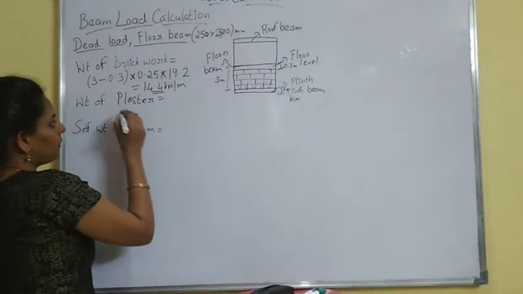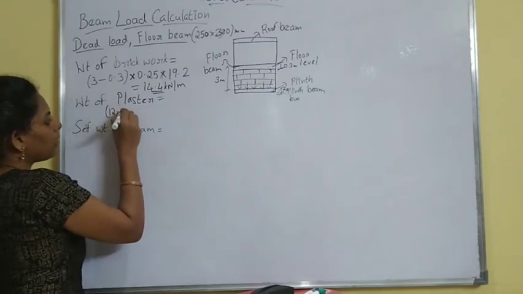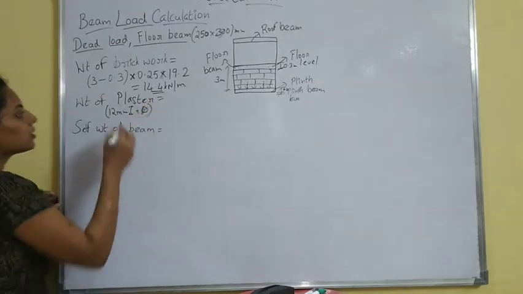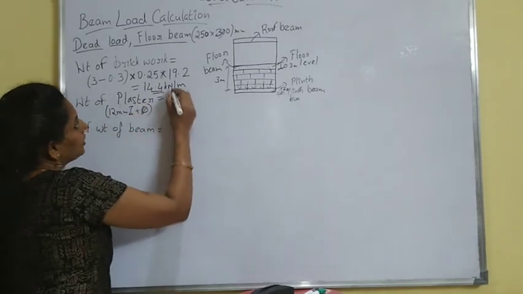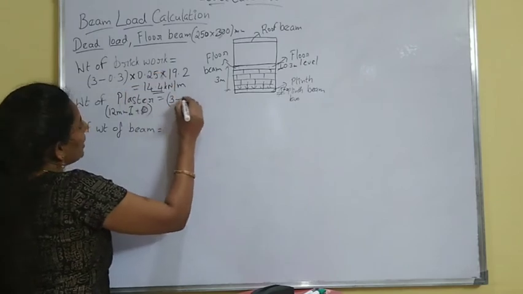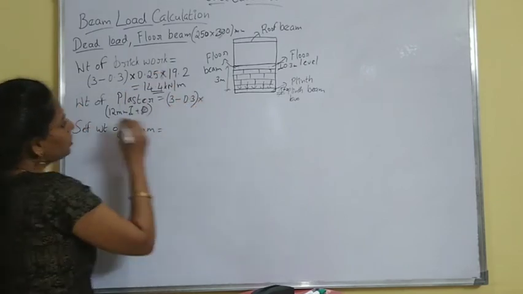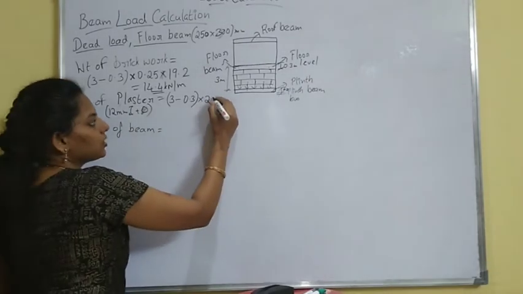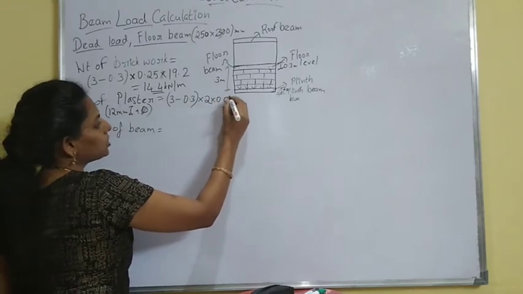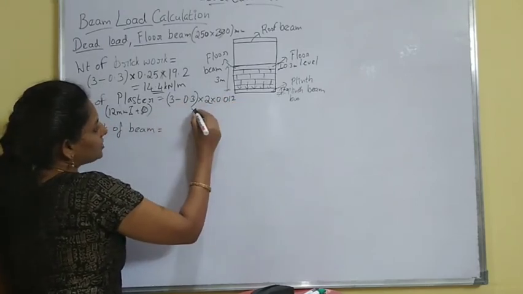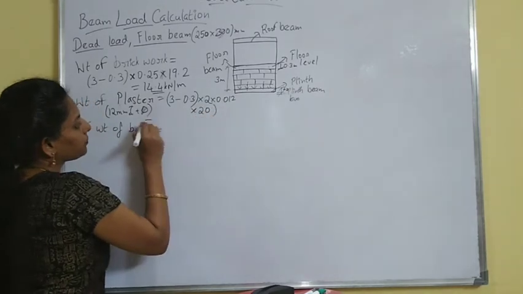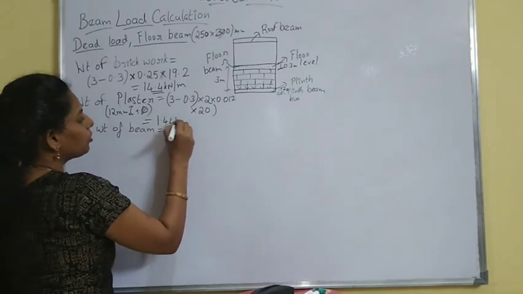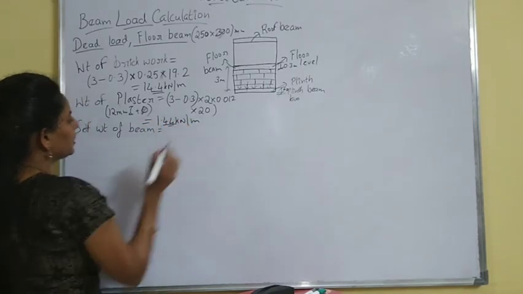Next, plaster thickness: you will take 12 mm for both inside and outside. Again height of the wall 3 minus 0.3 into thickness, 2 into 0.012 into the density of plaster, 20. So it is 1.44 kilonewton per meter.